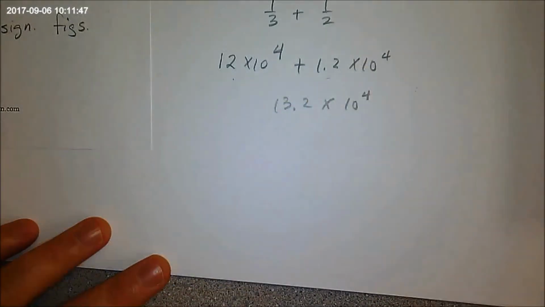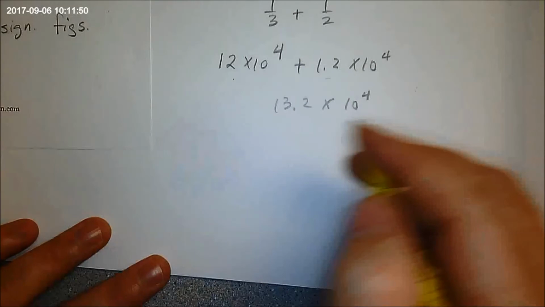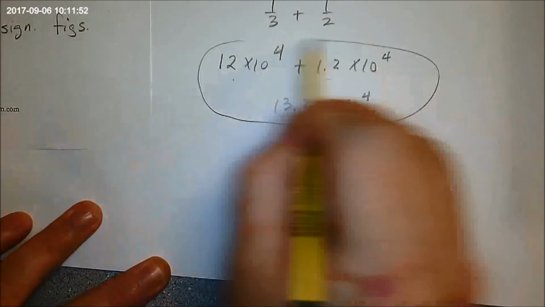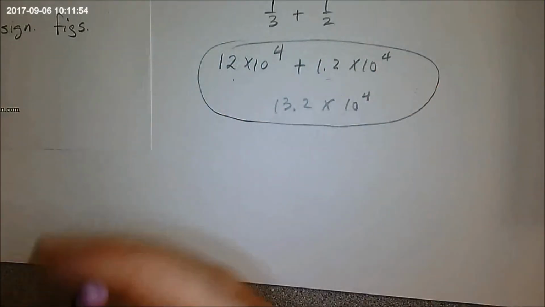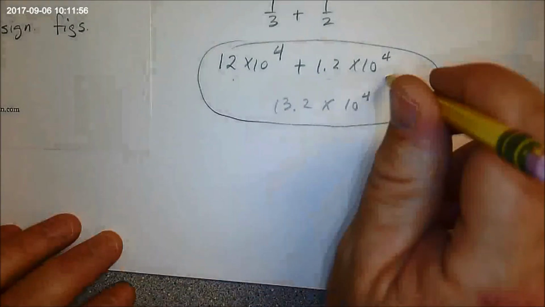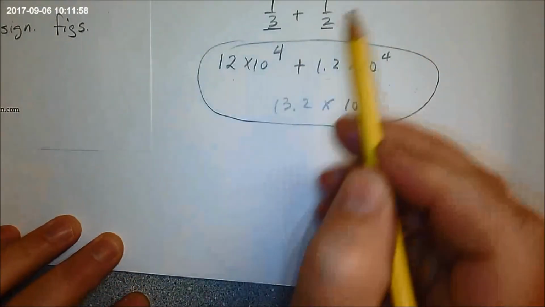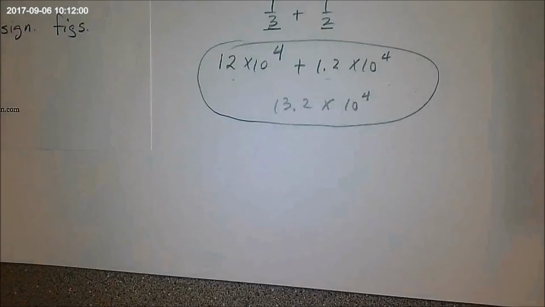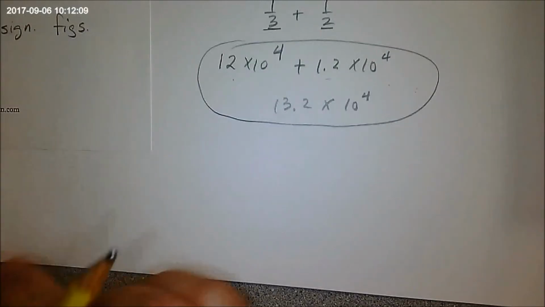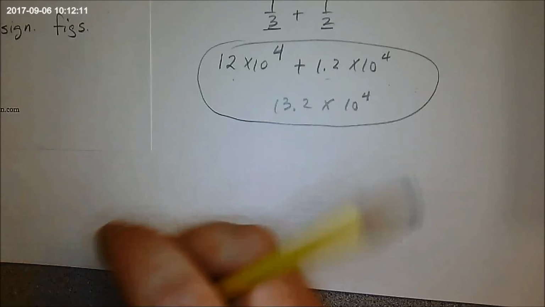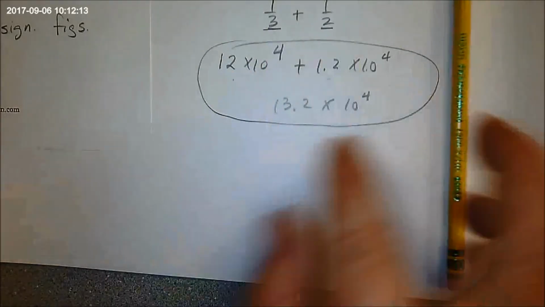Didn't I add before I did the multiplication? Did I just violate the order of operations? Yes, sir. Isn't it because they're like terms? So you're right, because they're like terms. And these are not like terms. 1/3 and 1/2 are different terms. You have to get them to be the same term before you can add them. That's right. And it actually goes back to factoring and all kinds of stuff, which we'll learn soon.